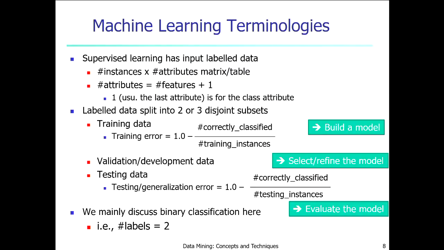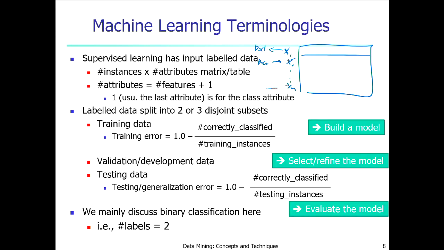So the input of the classification typically looks like a relational table. Let's say this is our x1, x2, up to xn. This could be document 1, document 2, converted to x1, x2, and so on.